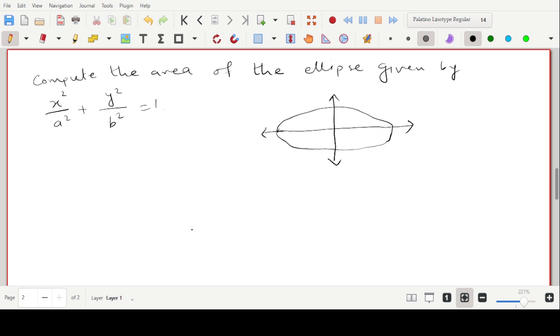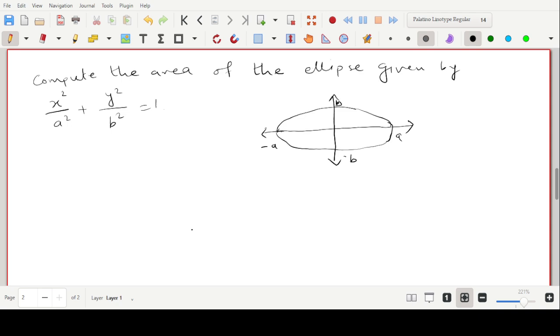Okay, not a very nice diagram, but it's always difficult to draw a diagram using a digital pen. So this is negative a and this is positive a, this is negative b, this is positive b. So we want to find out the area of this region.